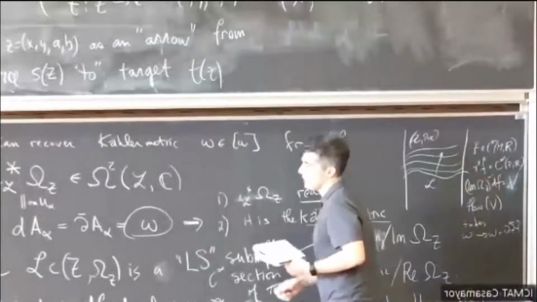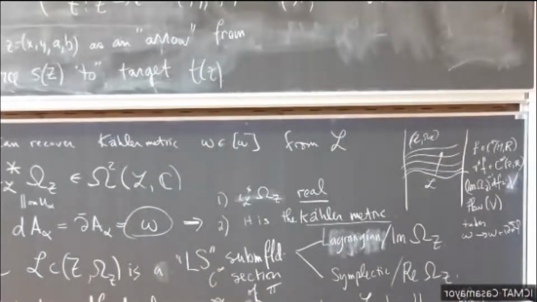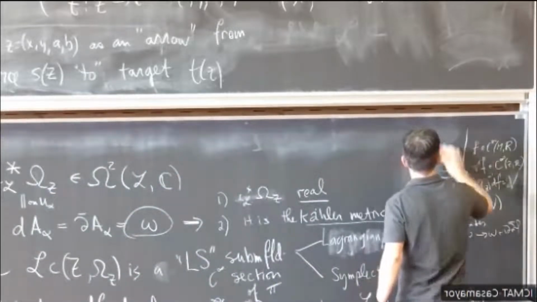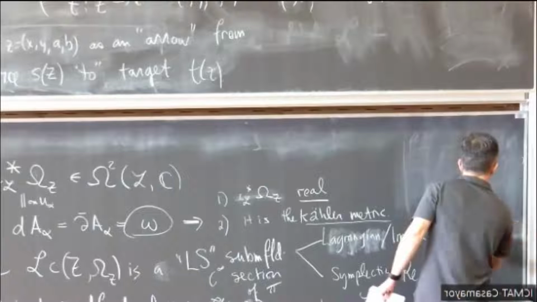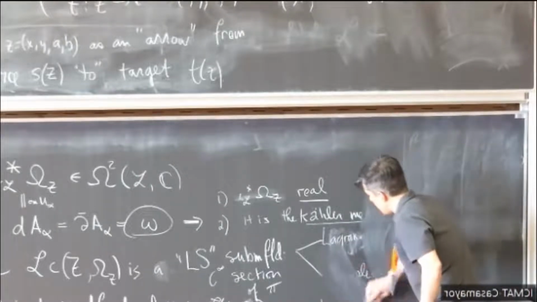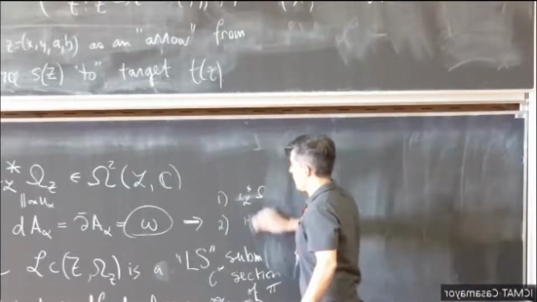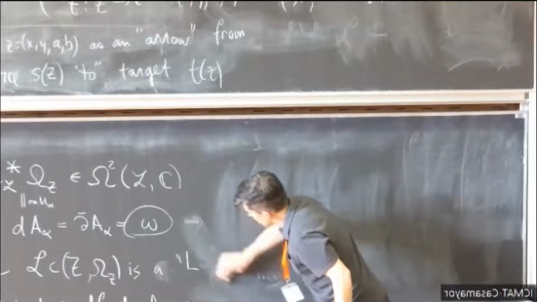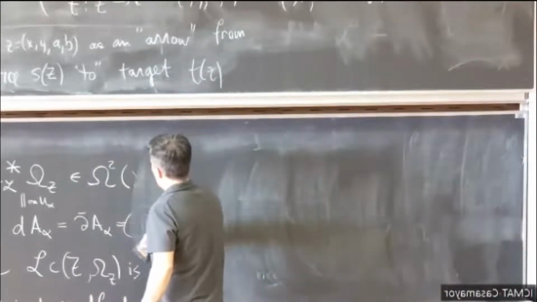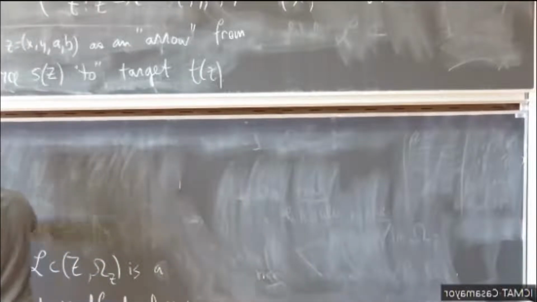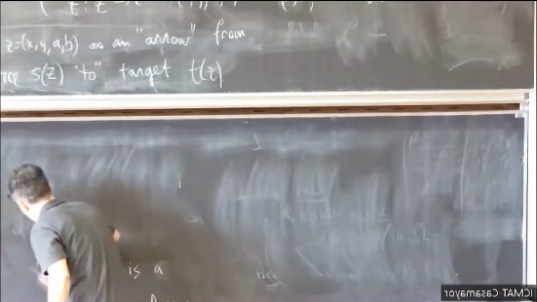So let me erase and let you observe that. What we've done is we've created two maps deforming the simple projection. And we're going to view every point in the cotangent bundle as if it were an arrow which goes between two points of the base, and those two points are S of z and T of z.